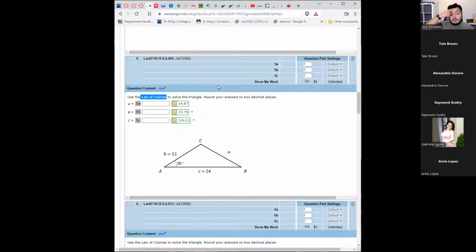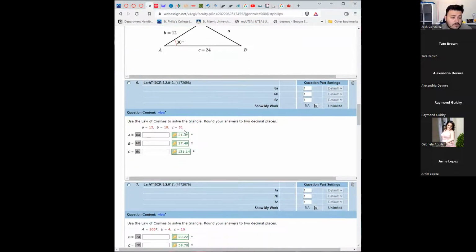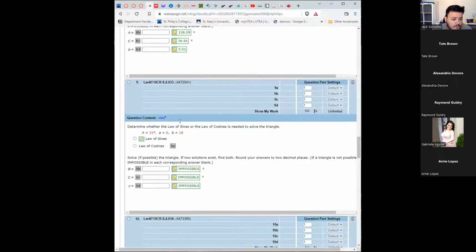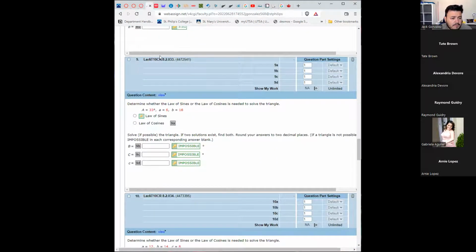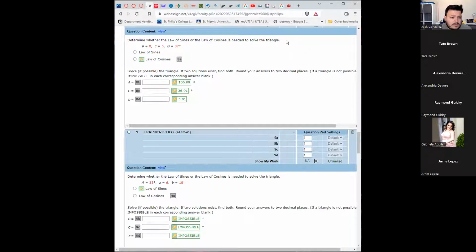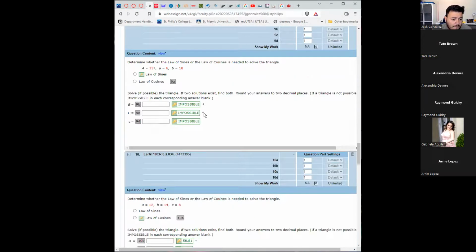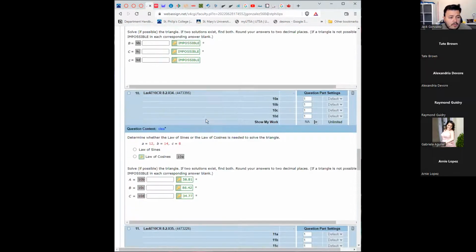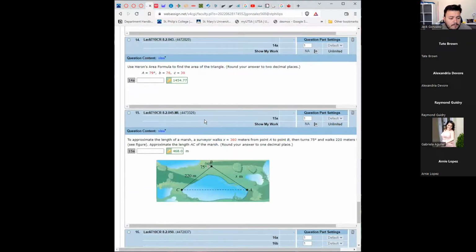That will be case 3. So you'll just be doing case 3 and case 4 over and over again. In this section, you won't have to worry about multiple triangles, but they will quiz you on whether or not you can use law of sines or cosines. So don't forget, when do you use which one? They'll just ask you about that. But yeah, that's pretty much it.